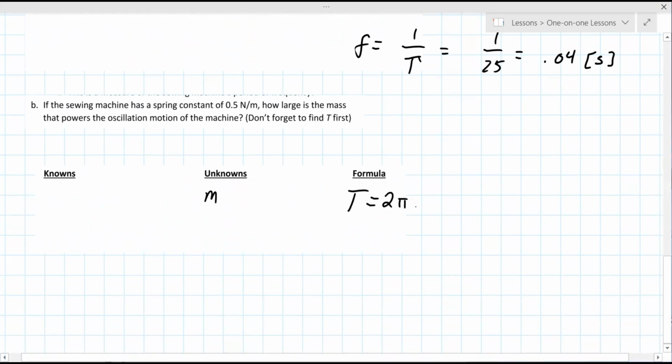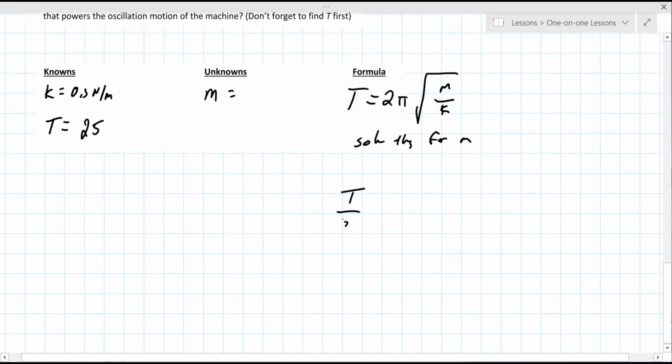T equals 2 pi square root m over k. The given here is k is 0.5 newtons per meter. That's a spring constant. We also know the period, which is what we found in the previous one. It's 25. We don't know m, so we need to solve this for m.